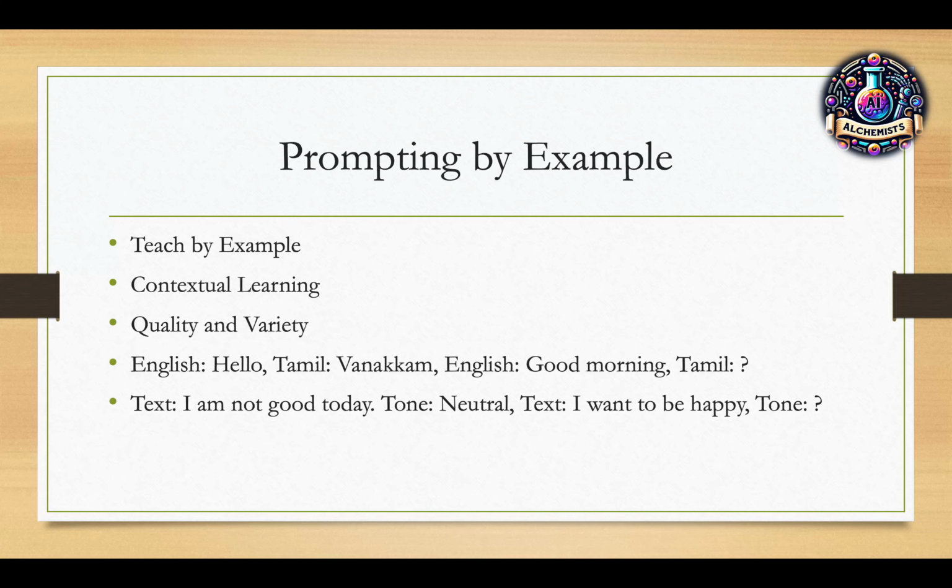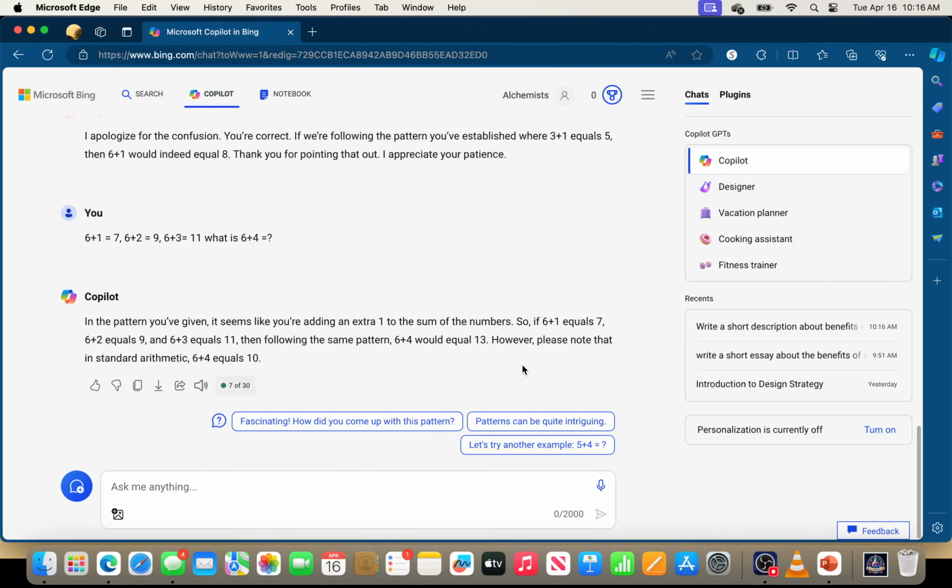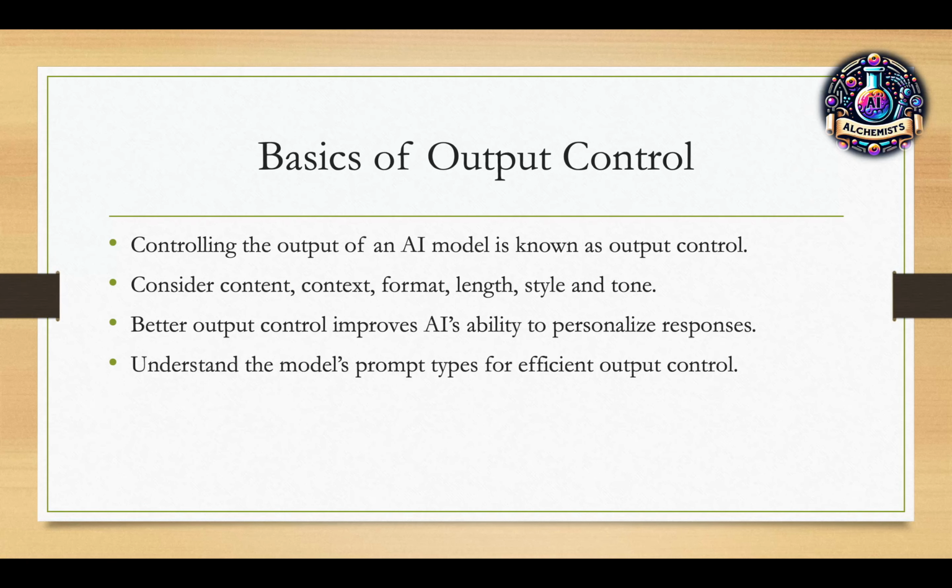So it can also come up with the tones. Let me come back to the demo part quickly. Before that, let's finish the basics of output control. Controlling the output of an AI model is known as output control. Wow, that's so simple, right? Very good.